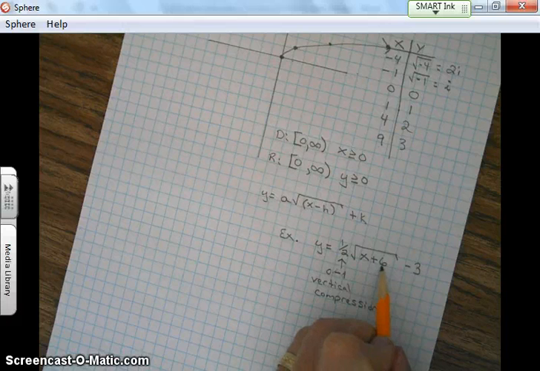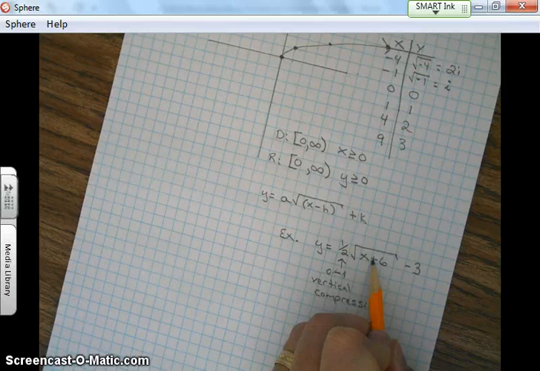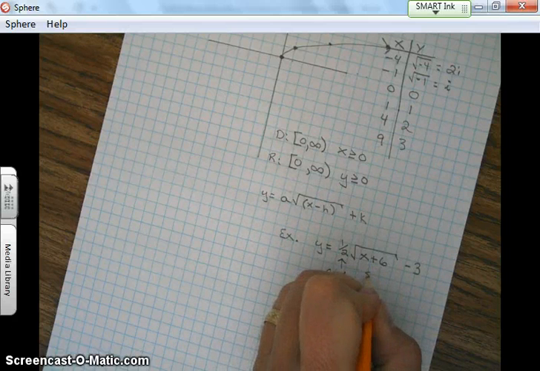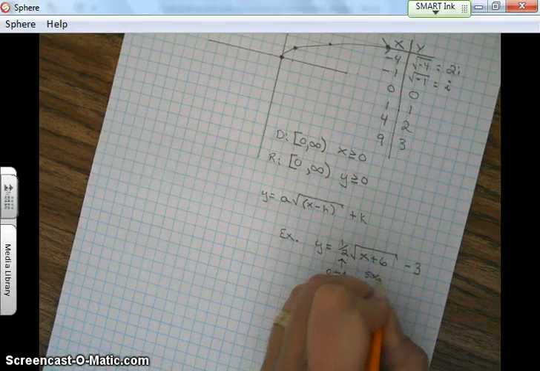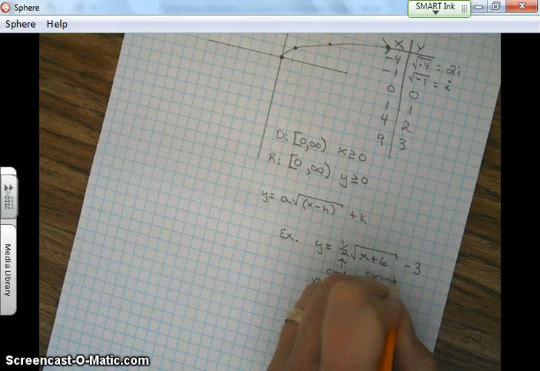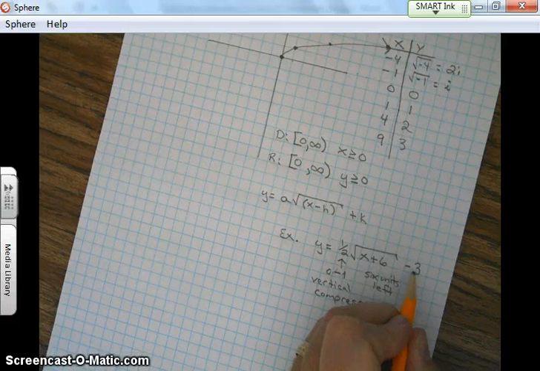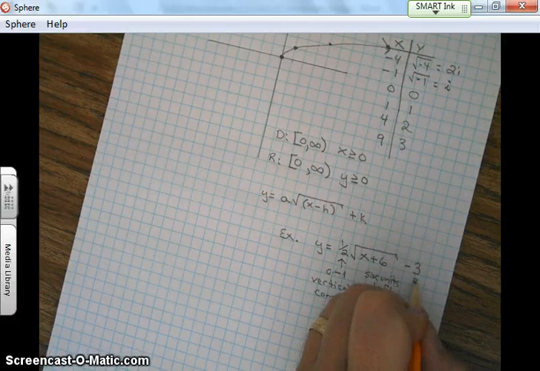And here we have a horizontal translation of 6 units to the left. And we have a vertical translation of 3 units down.